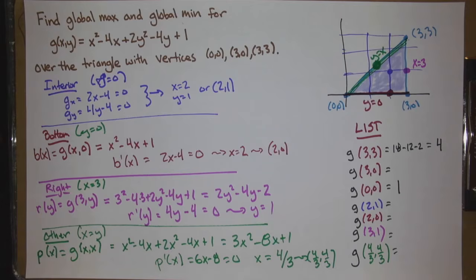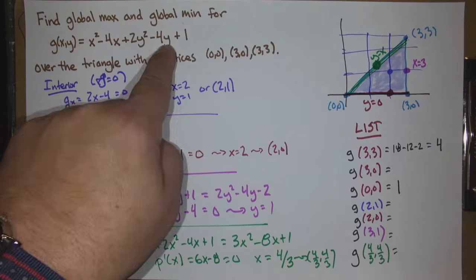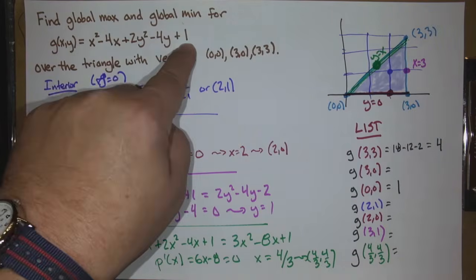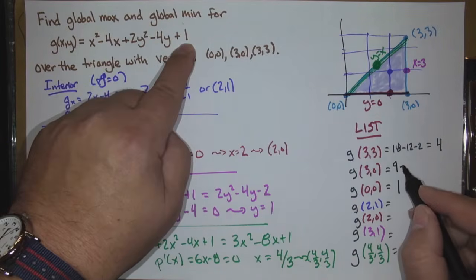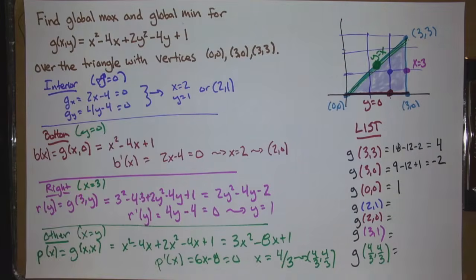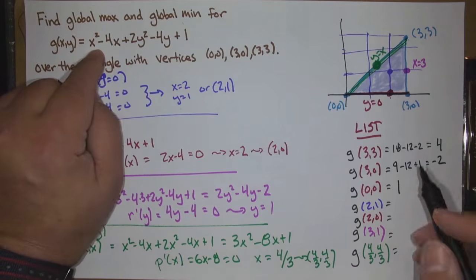All right. 3, 0. What will that be? The nice thing is you have lots of zeros. You get 9 minus 12, 0, 0, 1, which is negative 2. 2, 1. Oh, that's in the middle. We've got to just plug it in.